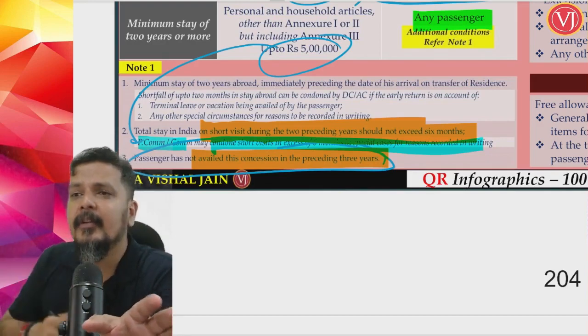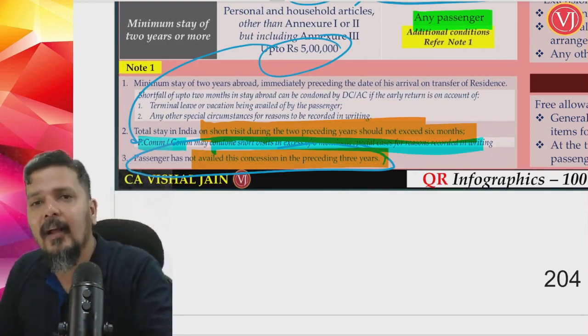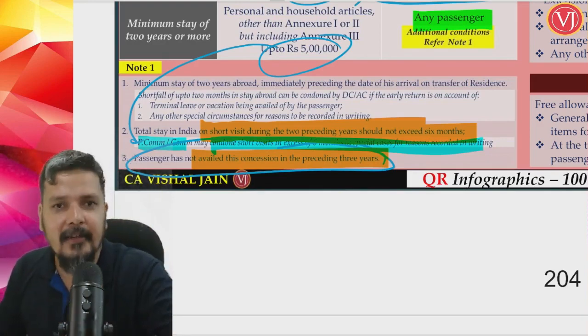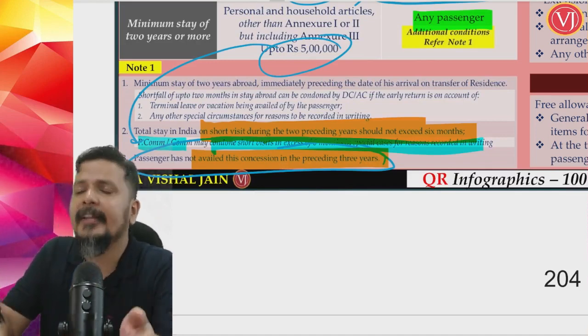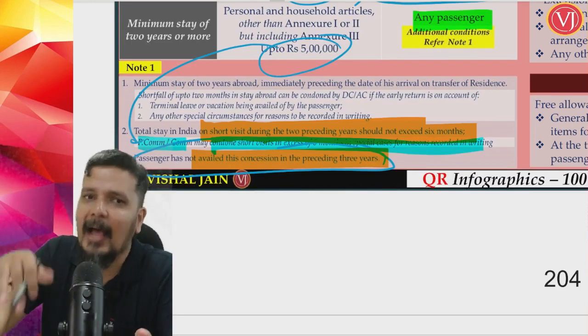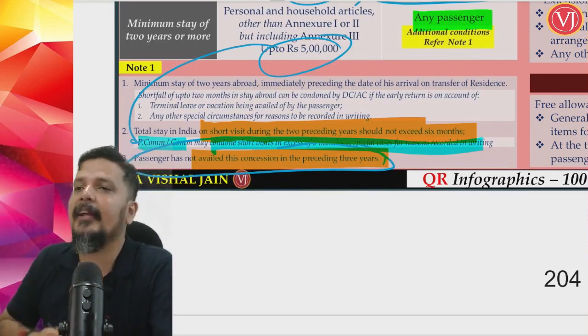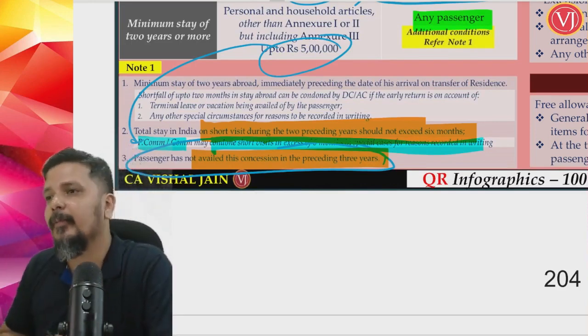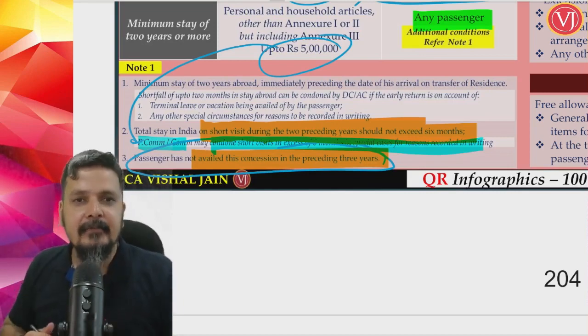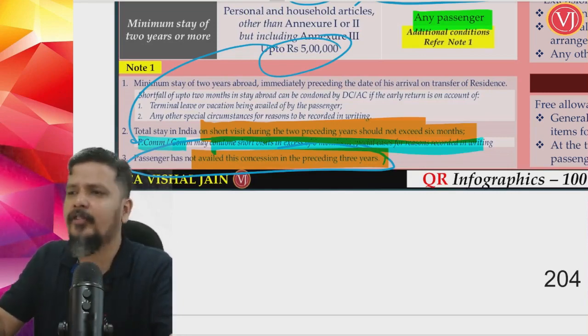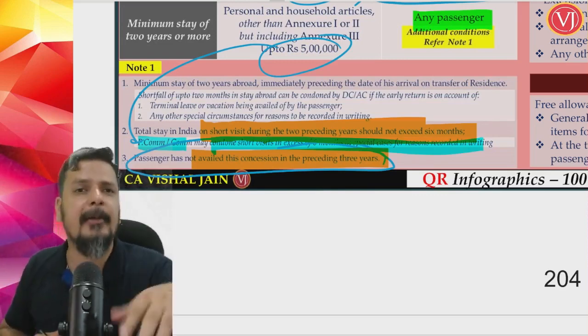Why? Your total stay in US was 10 years. Because of the family situation, during the last 2 years, it happened that you stayed in India for more than 6 months. Another classic example is COVID. During COVID, you are not sure whether you have to permanently come to India or not.